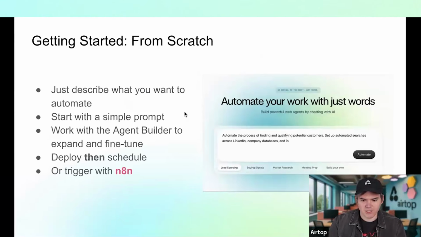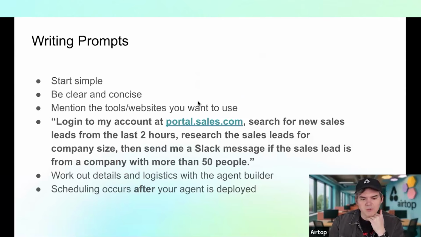So from scratch, you just type out what you want to automate, start simple, then work with the agent builder to fine tune it and to give it all the information that you need. And then after you've built the agent, you can either schedule it in Airtop, or you can trigger it with n8n or other integrations like Zapier. With writing prompts, start simple, clear and concise, mention what you want to do.